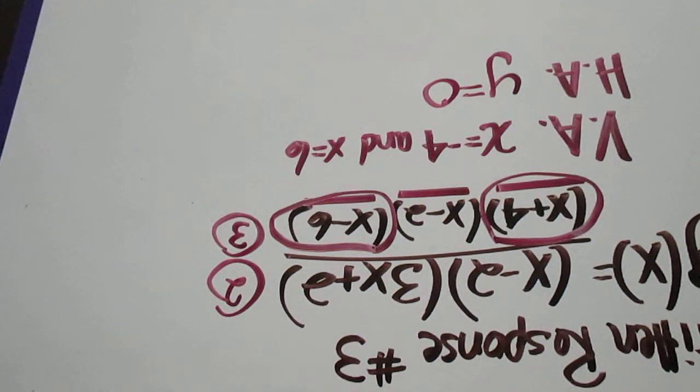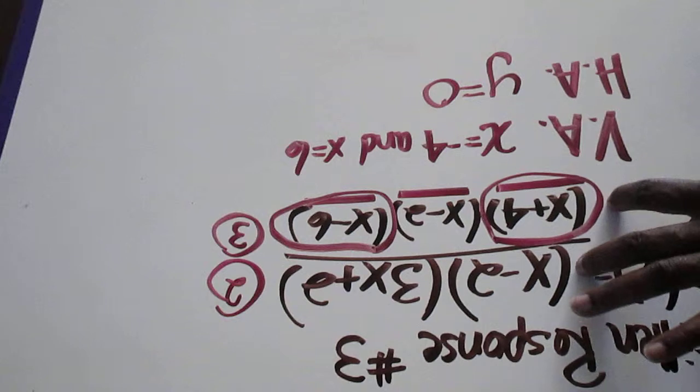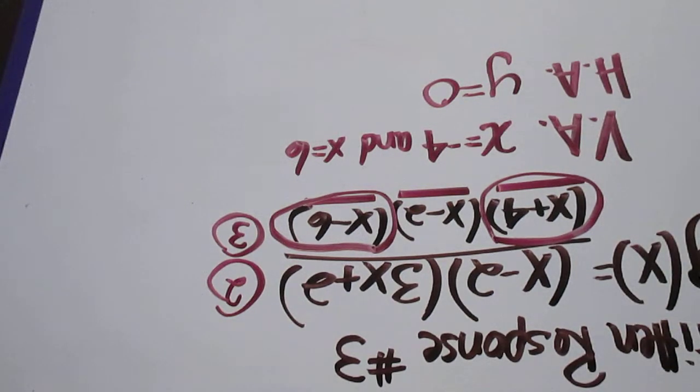If the numerator degree is greater than the denominator degree, then you don't have a horizontal asymptote, you have a slant asymptote. And if it's the same, you would take the ratio of the coefficients of your 2 polynomial functions. So in this case, y equals 0.